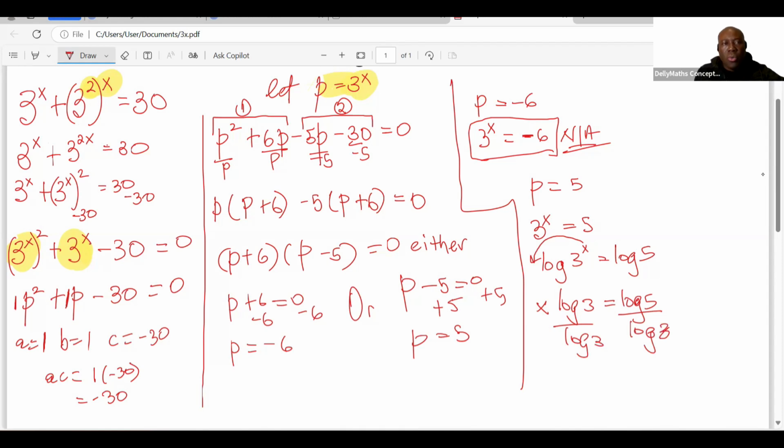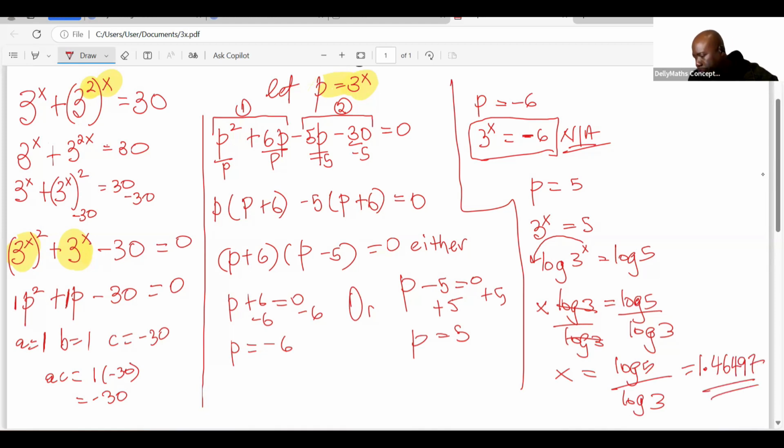So what we really have here is that x is equal to log 5 divided by the log of 3. All right, which is actually equal to, when you put this on your calculator, we're going to get x is 1.4647. All right, so we'll work with that.